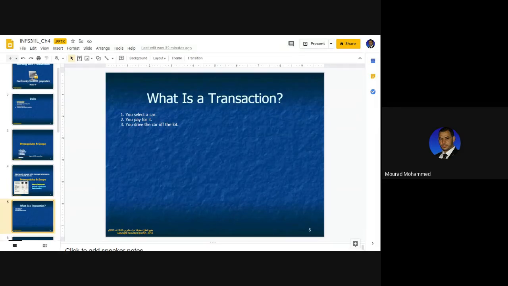So this is a process, a sequential process. This sequential process has to be presented to the computer in a way that makes the computer understand the sequence. Actually, the computer does not understand what a car is. It will understand an object representing the car.